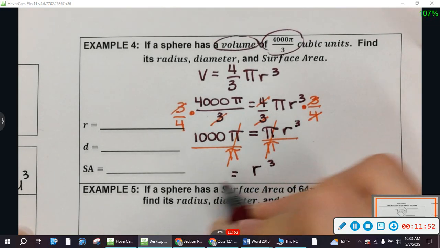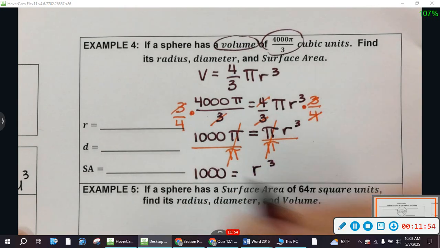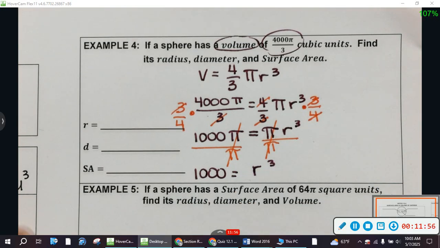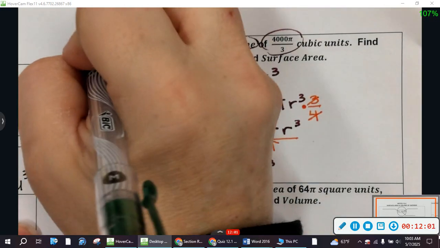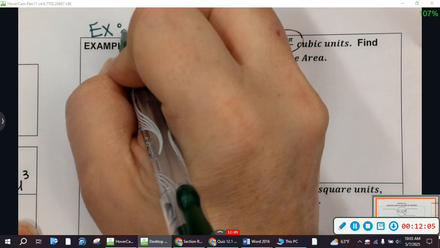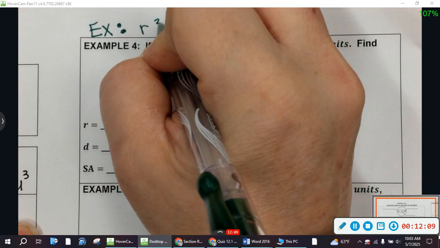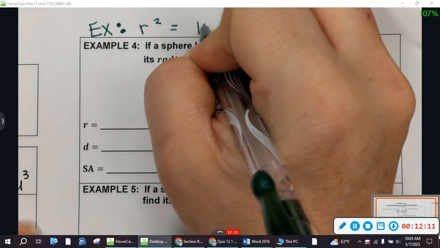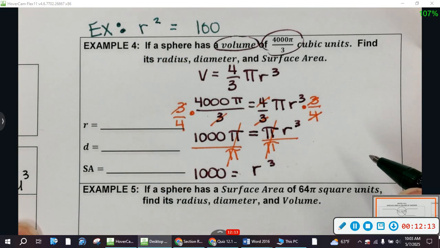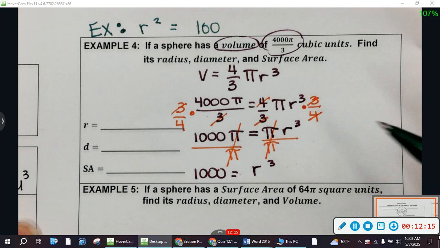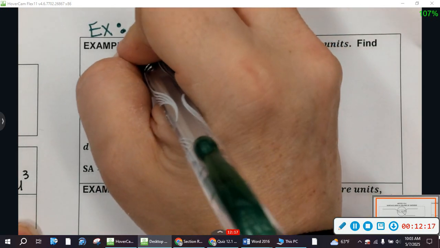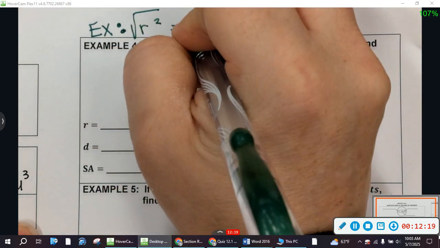But now we got something new going on here. We have an r cubed. So let's look at something that we are more familiar with. If I were to say r squared is 100, to get rid of a square, you would take the square root.